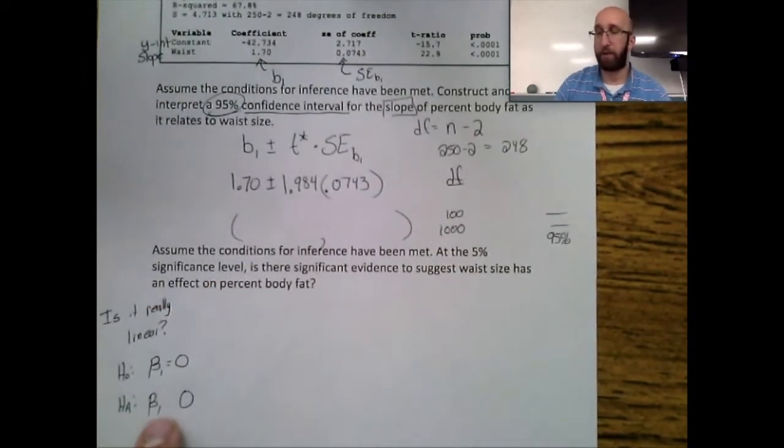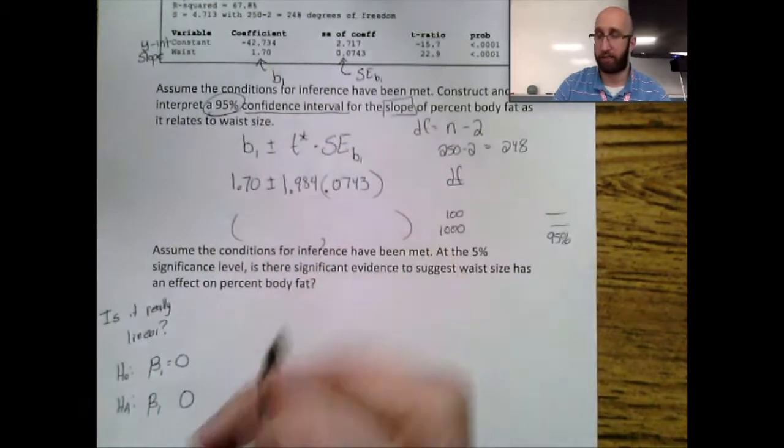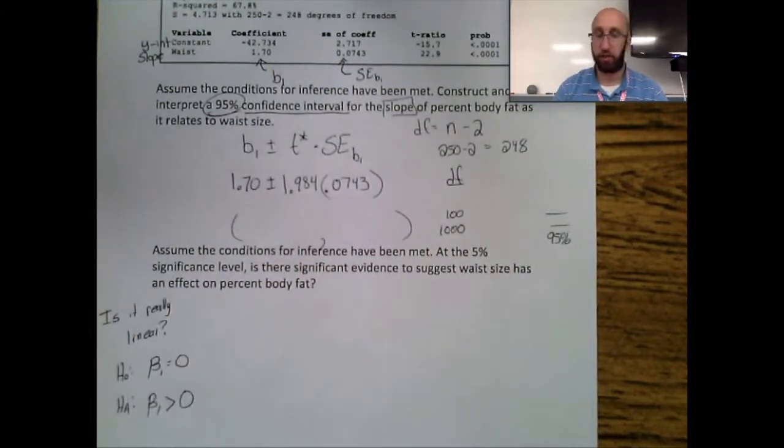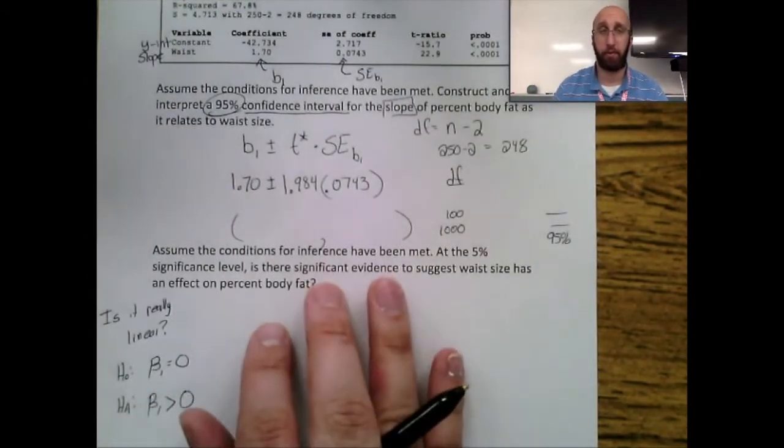Are we going for bigger than 0 or smaller than 0? The clue is in your sample slope. Our sample slope was positive, so we're going to look for a situation in which we're greater than 0.